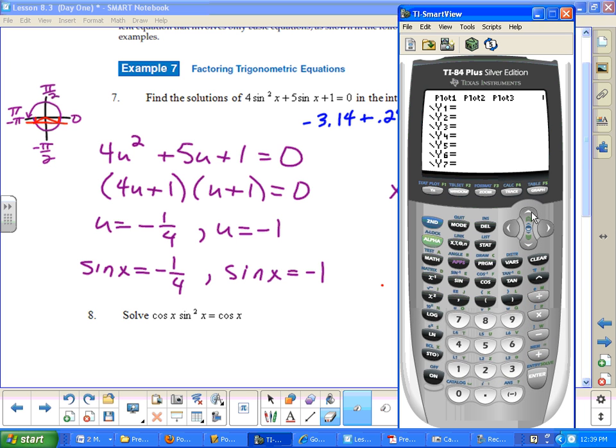So if I actually type this in then, 4 sine of x squared plus 5 sine of x plus 1. And we're going to graph this from negative pi to pi.